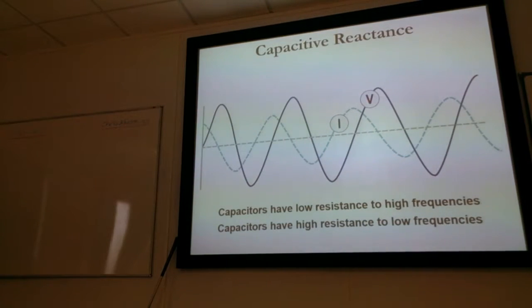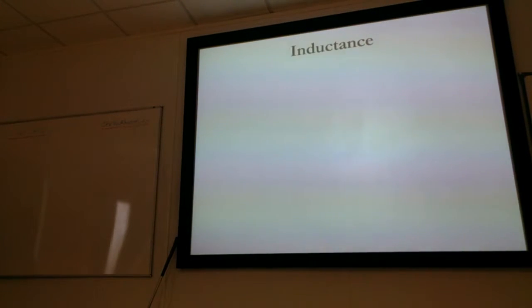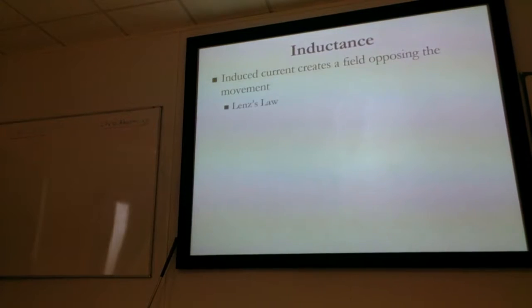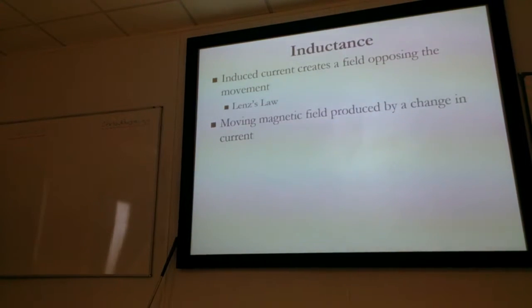Now that's capacitance. The other side of the coin is inductance. An induced current creates a field opposing the movement. It's something called Lenz's law, where a moving magnetic field is producing a change in current. It causes an induced voltage opposing the original change, much the same way as aerodynamic drag. If you think of inductance as electrical drag, you won't be far off.